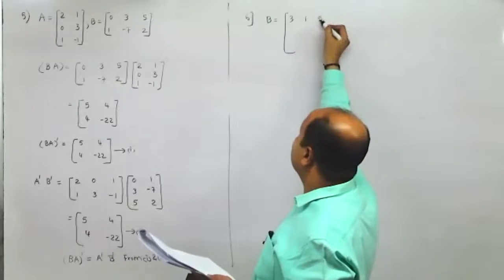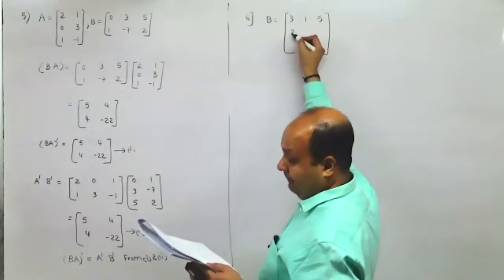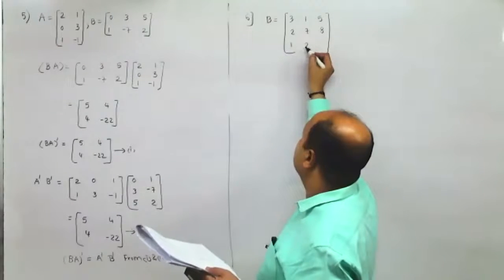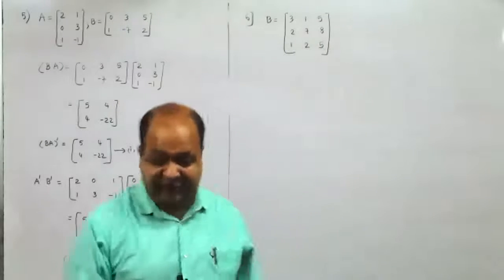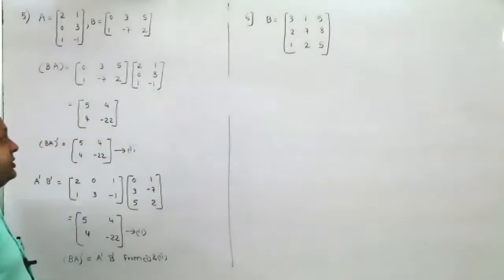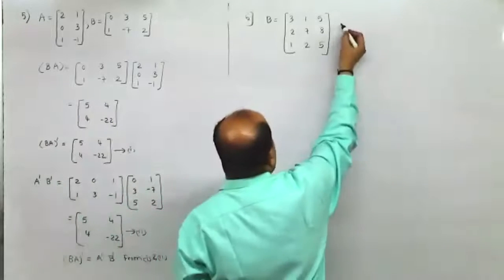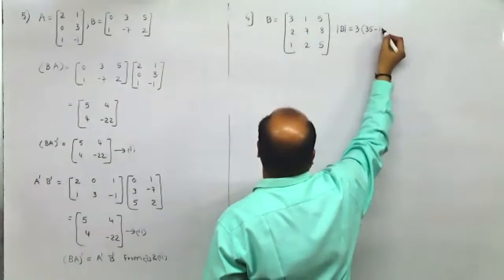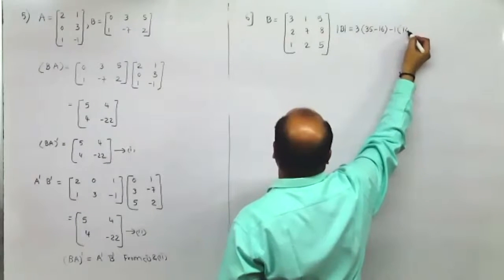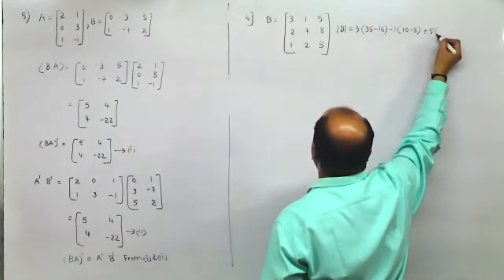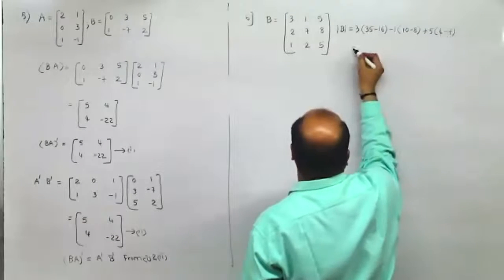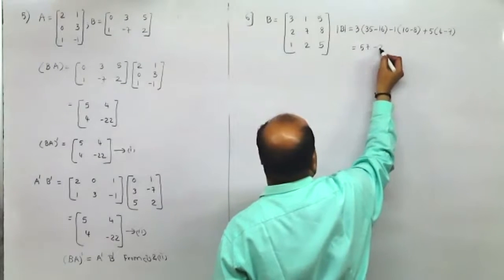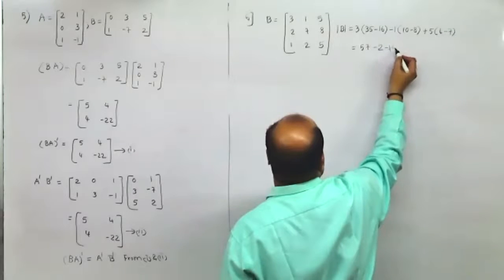Find the inverse using the adjoint method. First we have to check whether the inverse exists or not. How do you check whether inverse exists or not? Determinant value of B should not be equal to 0. 3 into 35 minus 16, minus 1 into 10 minus 8, plus 5 into 4 minus 7. 3 into 19 would be 57, minus 1 into 2 would be minus 2, plus 5 into minus 3 would be minus 15.